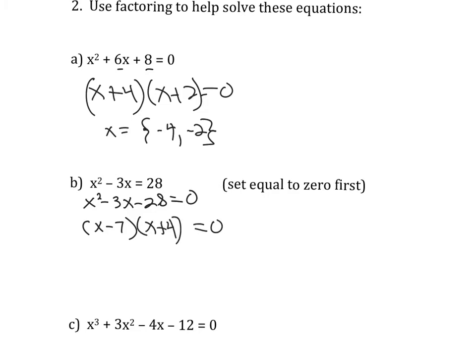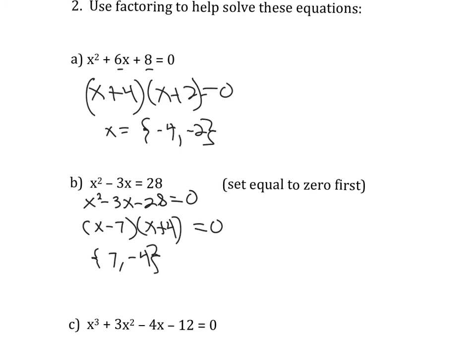And again, using the zero product property, which says that when we have two things that multiply to 0, one or both of those things have to be 0, we would get 0 when x is equal to 7 or when x is equal to negative 4. So that's our solution set.